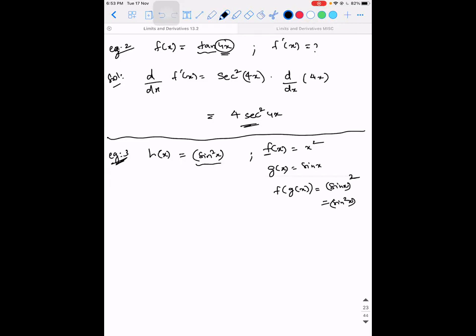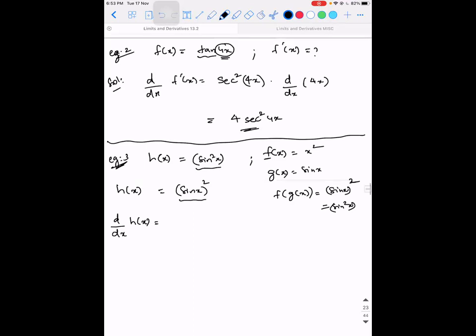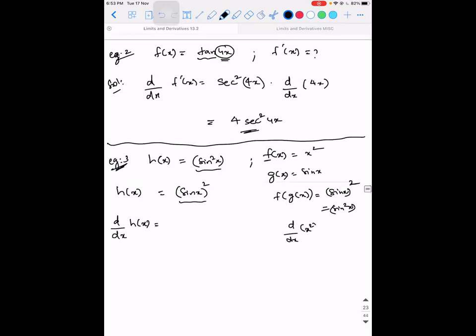Now look at the way I'm going to do it. Sine square x, I will first write as sine x whole square. Had this been x square, what would have been the derivative?